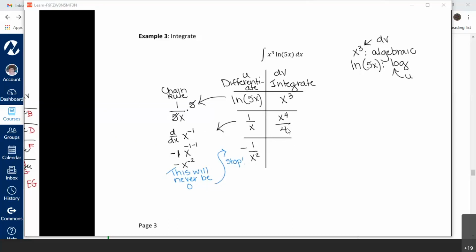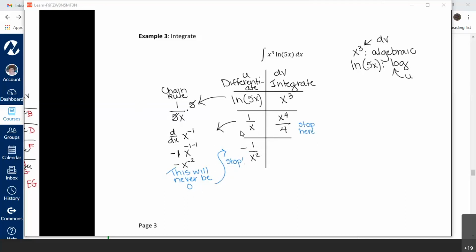Now we would normally, but basically I just stopped here to let you know that this will never become 0. So again, we don't need to integrate one more time. We're going to stop here. I basically just did this one more time to show you that this will never become 0.